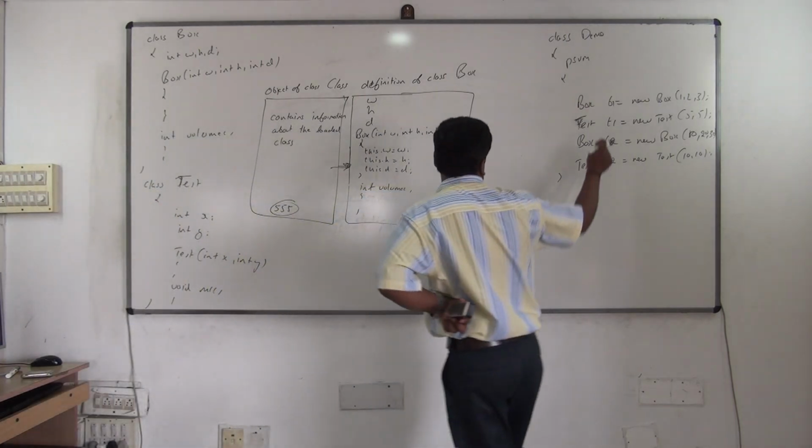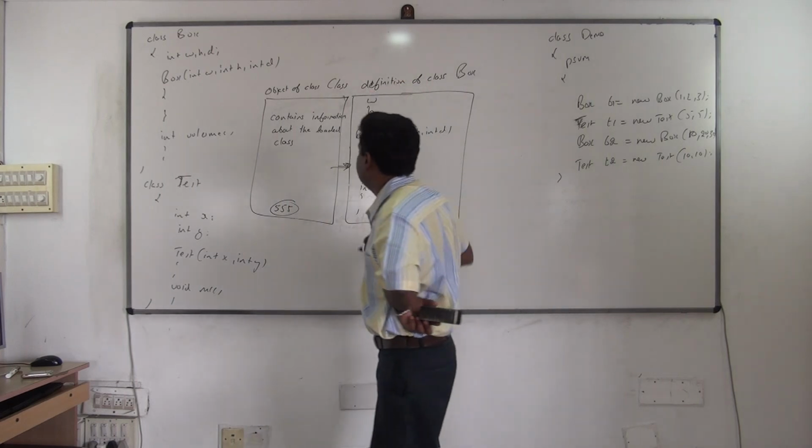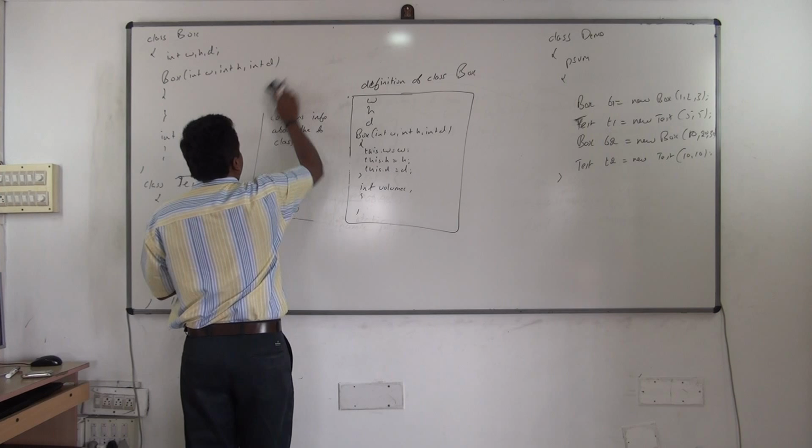Okay. So then see, first Box B1 is equal to new Box. The definition of your class has got loaded into the JVM. Are you clear with this now?